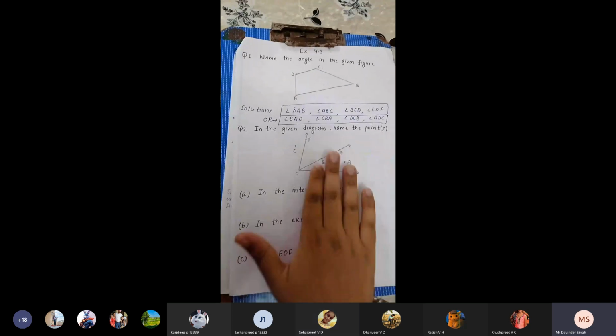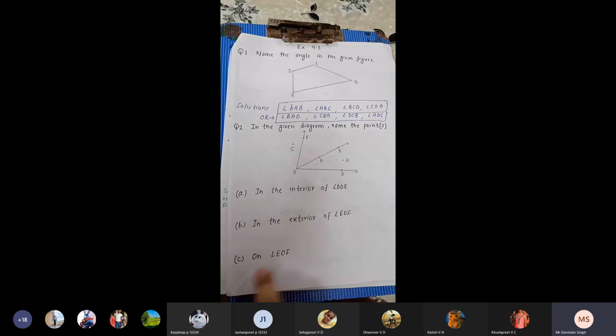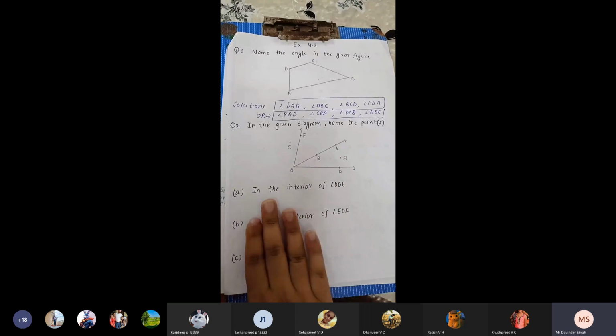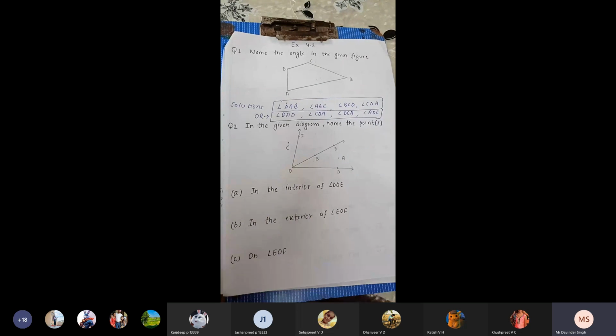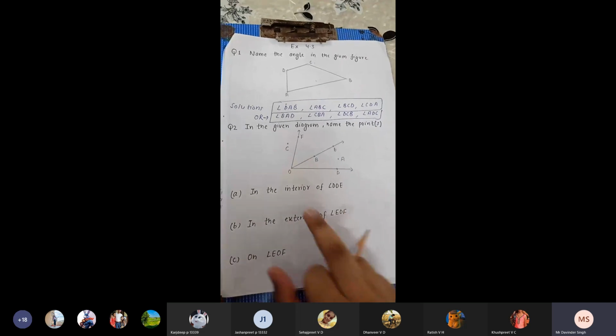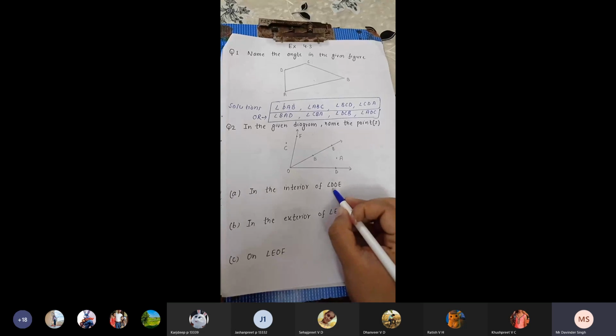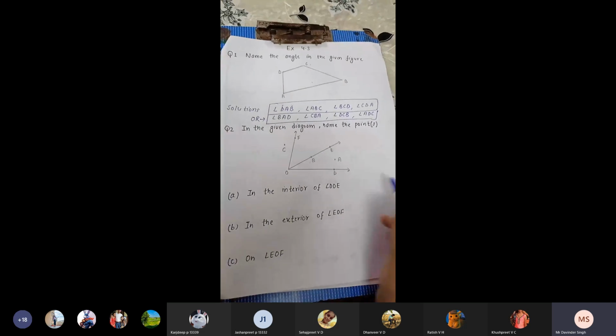So again, a figure is given to us, like we have just did the extra question. We have to name the points in the interior of angle DOE. Now we have to name the points that are interior to angle DOE. So where is DOE?